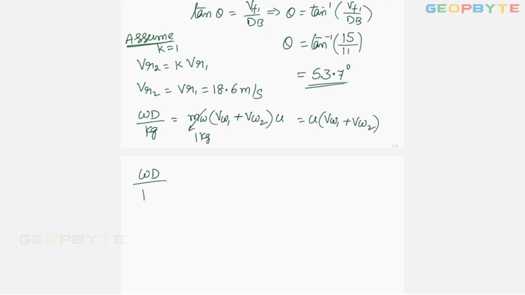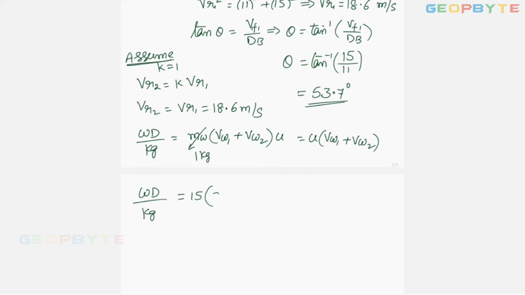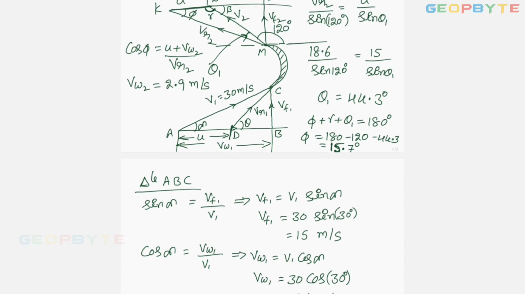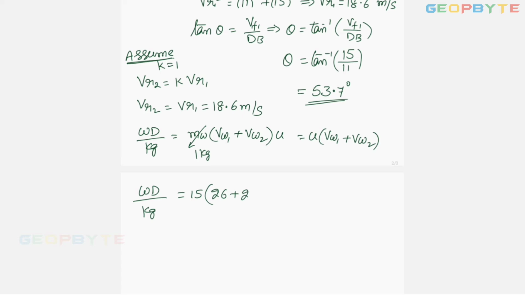The work done per kg of the material equal to U 15, VW1 I got is 26 plus VW2 I got is 2.9. You simplify this value for getting 433.5 joules per kg of the material.